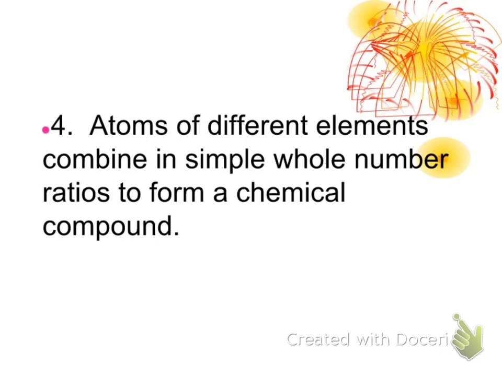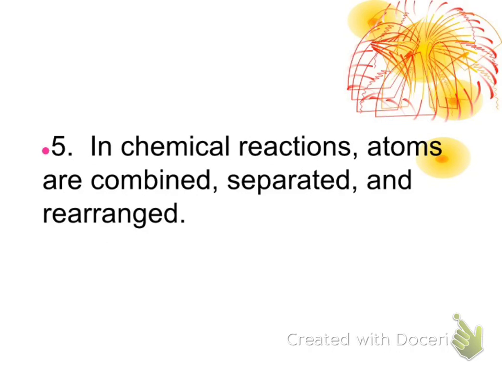Number four, you can just say atoms combine to form compounds in simple whole number ratios. And then number five, you can say when you have a reaction, all they do is separate, rearrange, and form something new. I didn't do it word for word. I just put it in my own words and included some of those important words in that description.